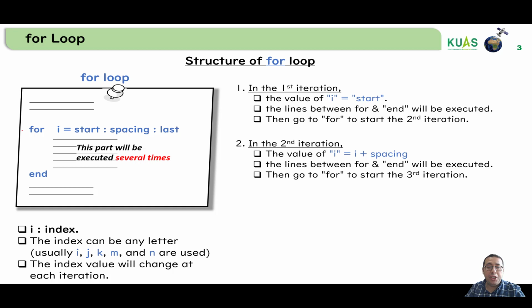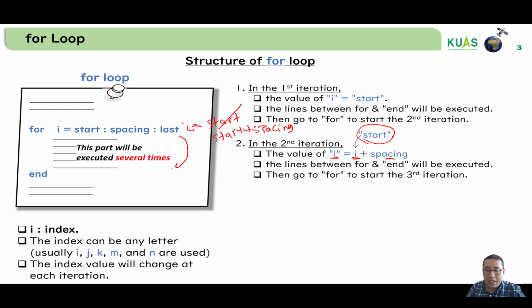In the second iteration, the i value will change from the previous one, which was the start, to the start plus the spacing. So the new i will equal the old i plus the spacing. And because the previous i was the start, it will be start plus the spacing.